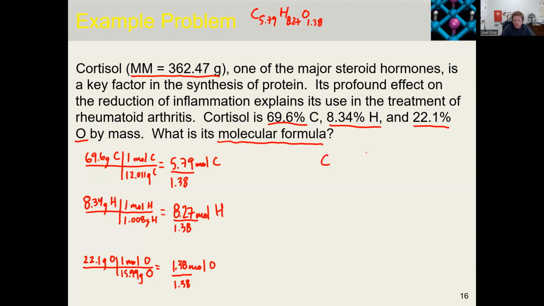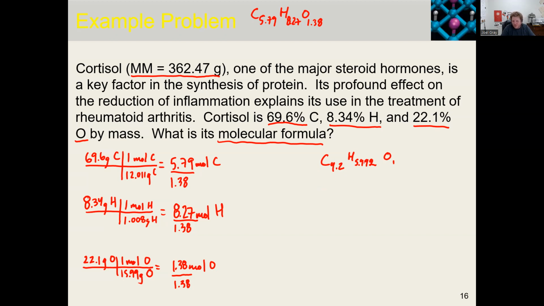This gives us O sub 1. 8.27 divided by 1.38 gives us, ooh, this is nice, 5.999 or 5.992 for hydrogen. 5.79 divided by 1.38 is 4.2.